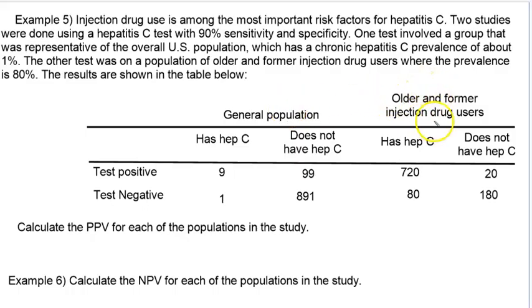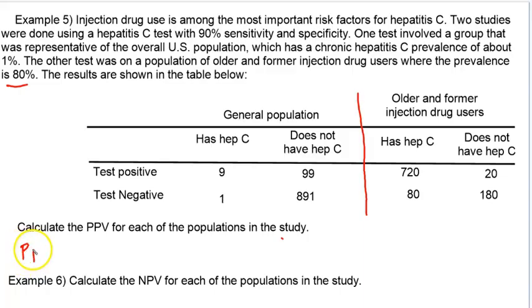And then the other test was on a population of older and former injection drug users, and the prevalence there, of course, you would imagine is much higher. It's 80%. So the results are shown in the table below. It's actually 2 tables if you want to think about it, because we had this general population results and then the older population results.